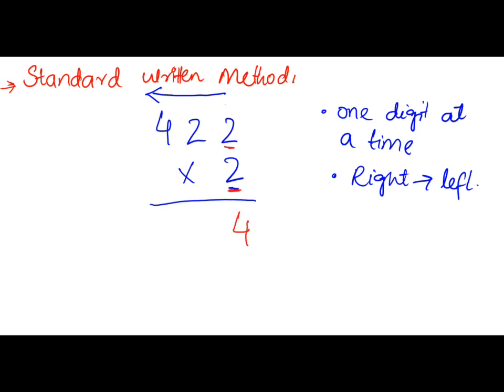Then this 2 again is going to multiply with the tens: 2 times 2 is 4. At the end, this 2 is going to multiply with the number at the hundreds place: 2 times 4 is 8. So 844 is the answer. This is also the simplest method.